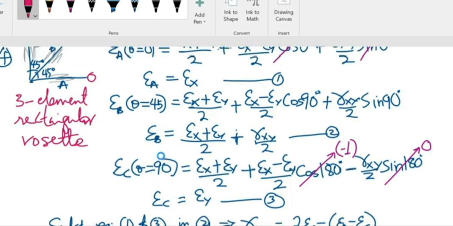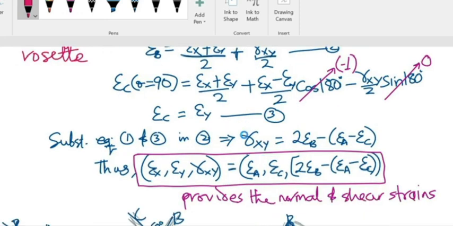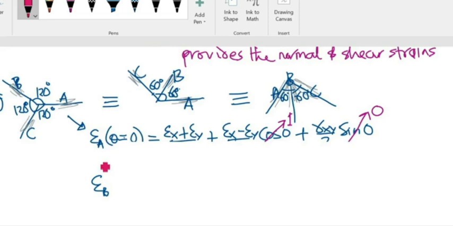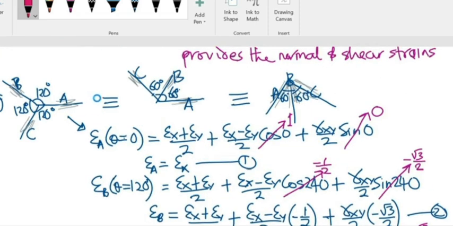So substituting equations 3 and 1 in 2, we can be able to determine the shear strain. So in this case, these are the values, right? So the next one is the delta. Similarly, using the general strain at a point, we can be able to determine for each of the strain gauges.